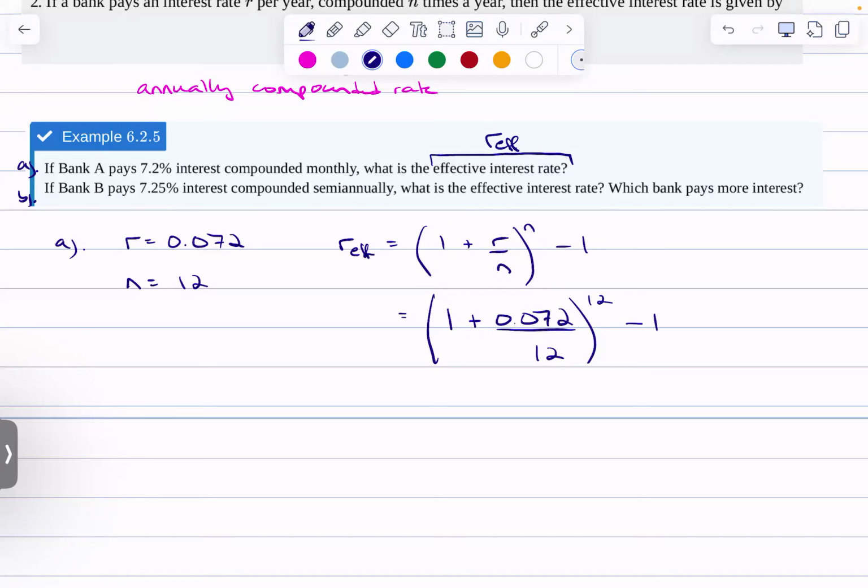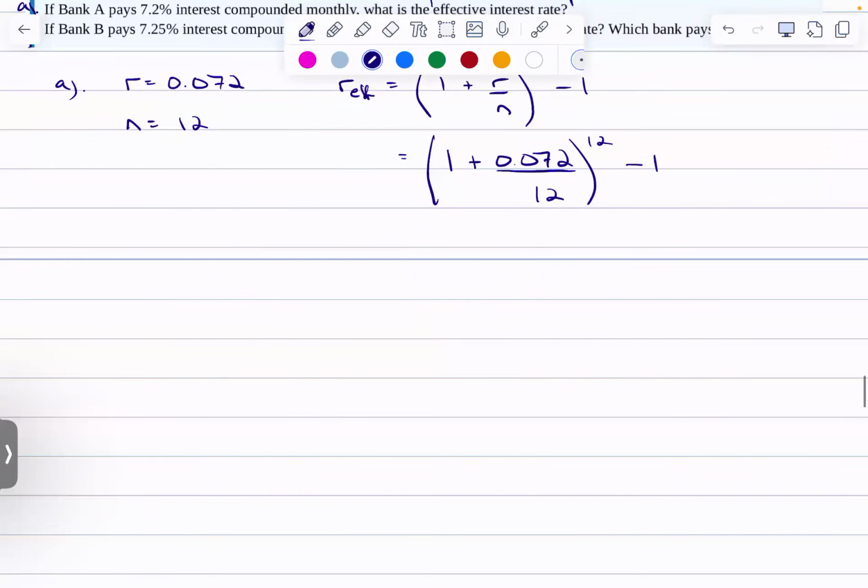Oh, you know what? It's our first one, so I should write out the steps, I guess. 0.072 divided by 12 is 0.006. Then 1.006 to the power of 12 minus 1.